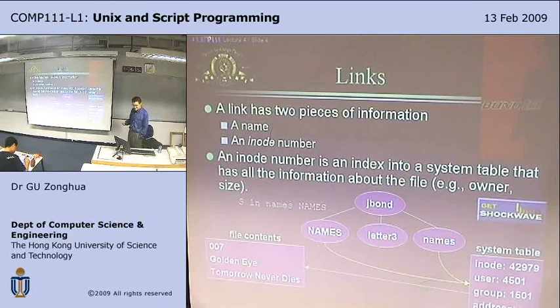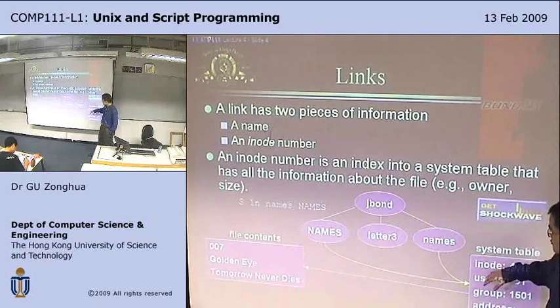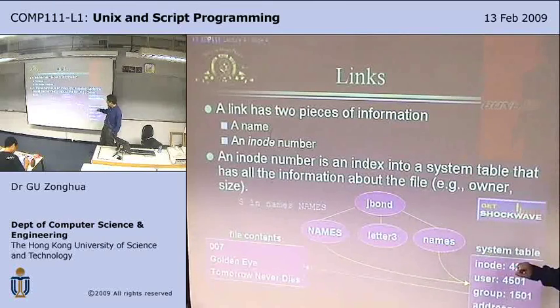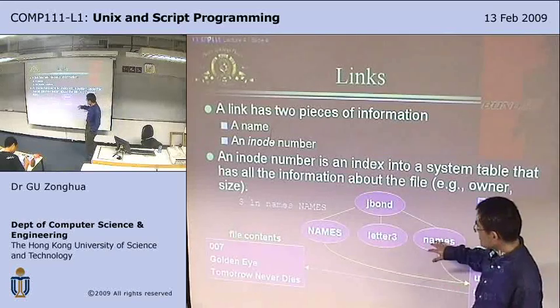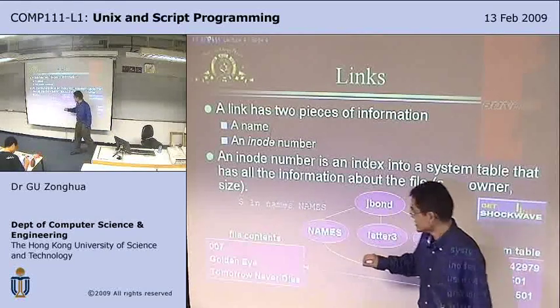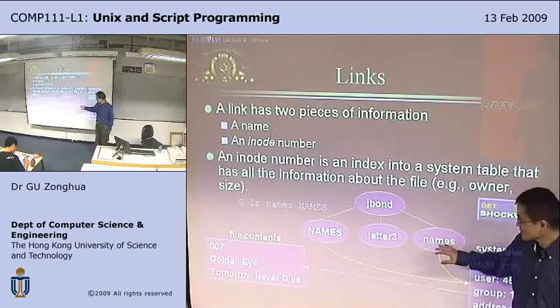So for example, if you have JBON as the directory with the 3 files in it, and this big capital letter names is created as a link to the file called small letter names.